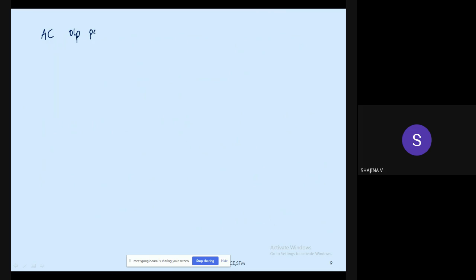AC output power, that is P out AC, is equal to, as in the earlier case, Vrms into Irms. In the case of an AC signal, we are considering RMS values.